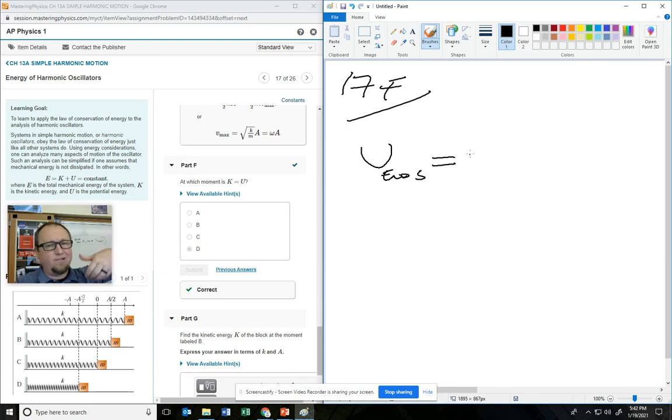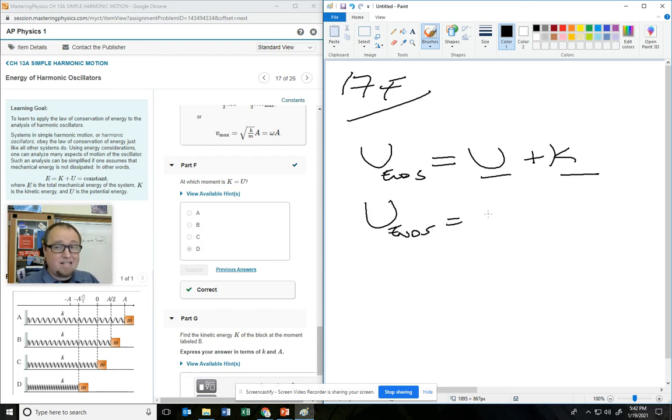Well, that's going to convert into potential energy at some moment plus some kinetic at some moment. And so if you want to know when these equal each other, they are equal at some unknown position.